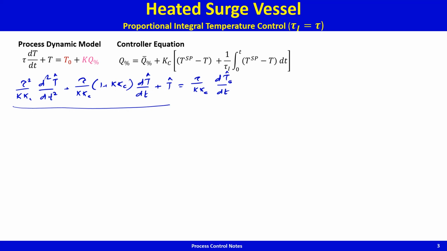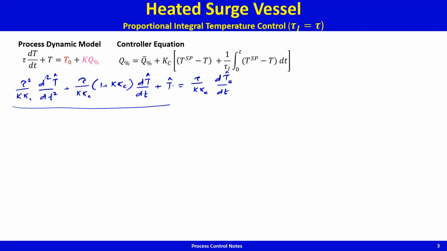If there was no forcing, that is the homogeneous ordinary differential equation where the right hand side is 0, what we are looking for is that function of time which when differentiated twice and once gives the same function.